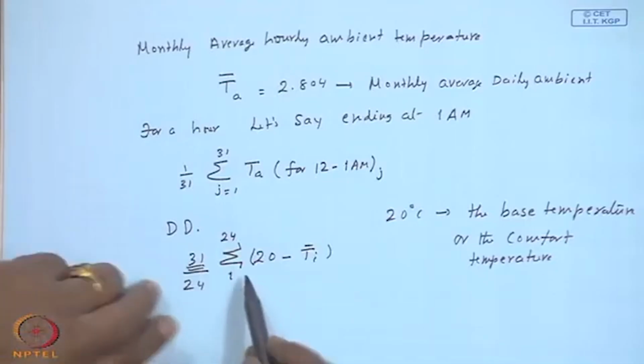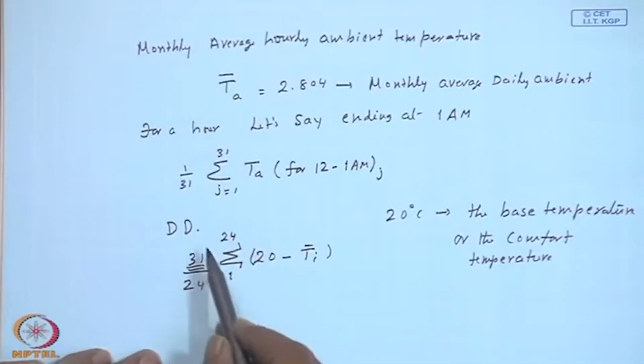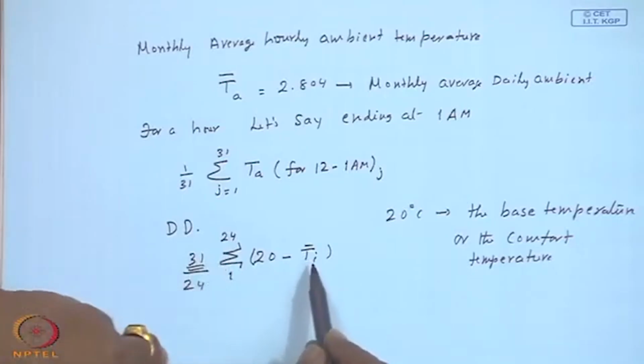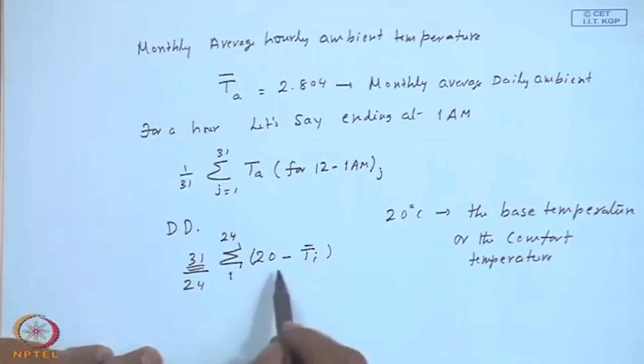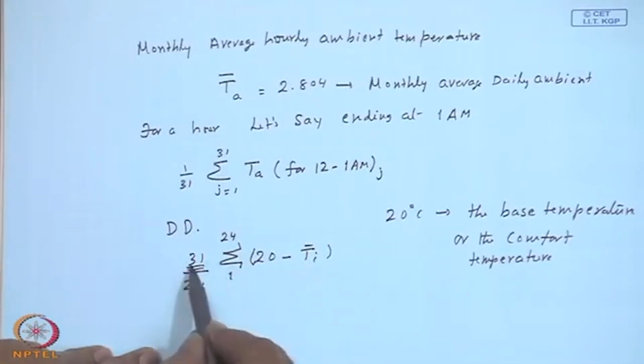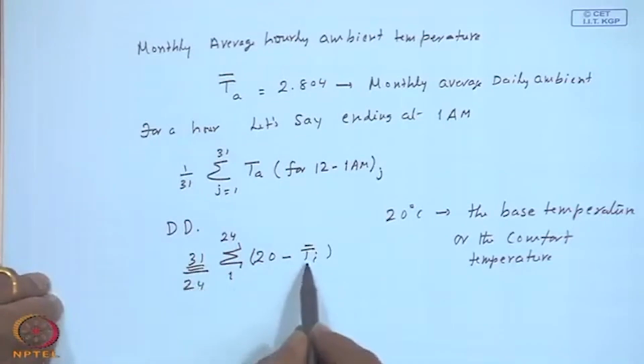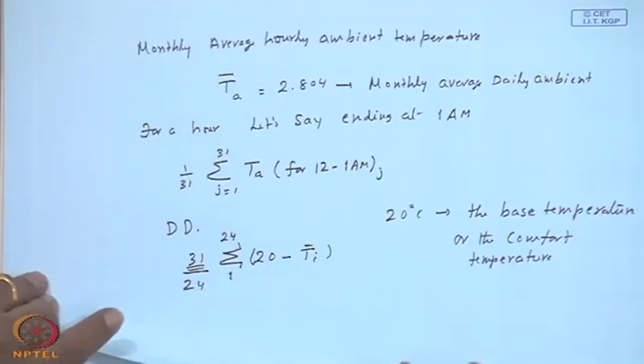Technically, it should have been summation 1 to 24 and summation 1 to 31 of T I of each day. So, this is nothing but the average day temperature for a particular hour, multiplied by 31 I will get degree hours, and that makes it days by dividing by 24, because I am going to add 24 times.